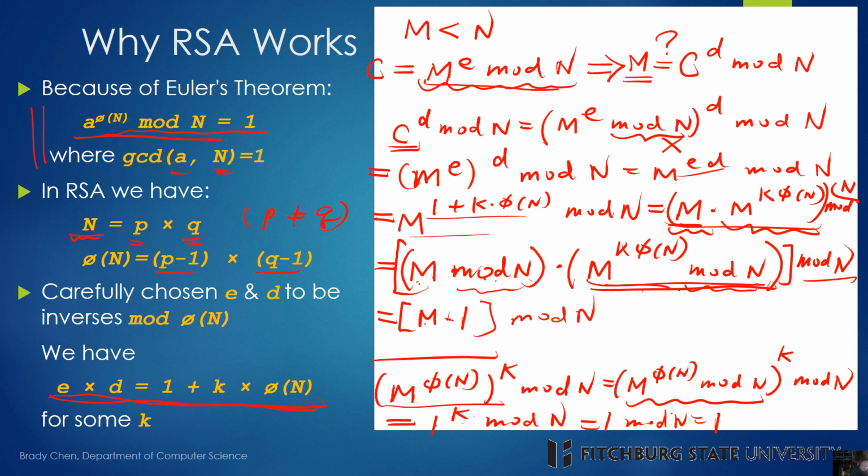So m times 1, that's m. So we prove that this c to the d mod n is actually m. So that's why once we select m, n, and once we select key e, and once we select another key d, then the encryption and decryption can be calculated very easily.